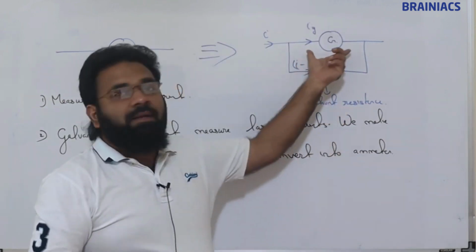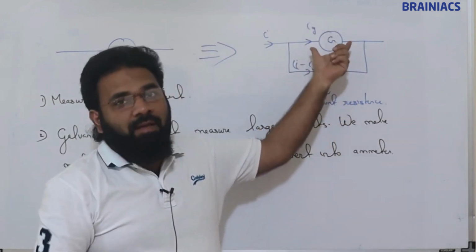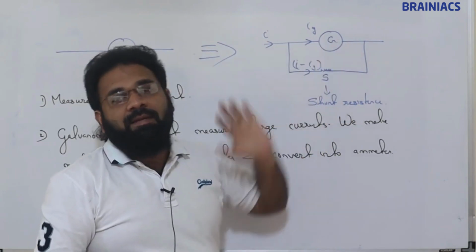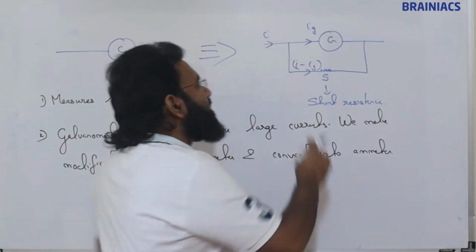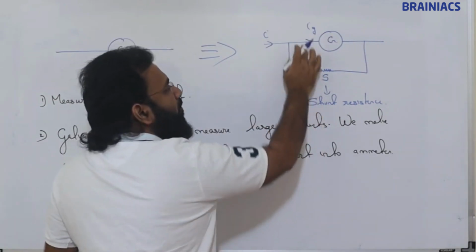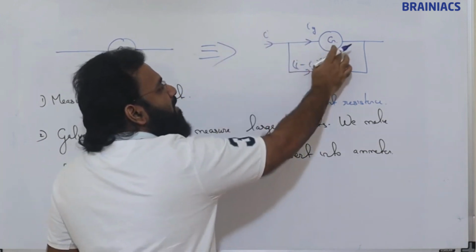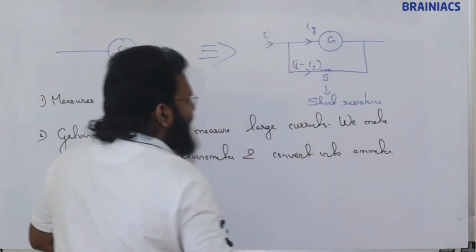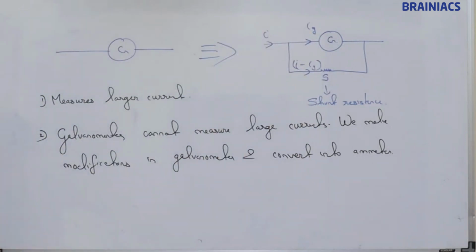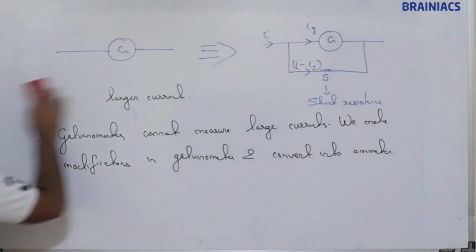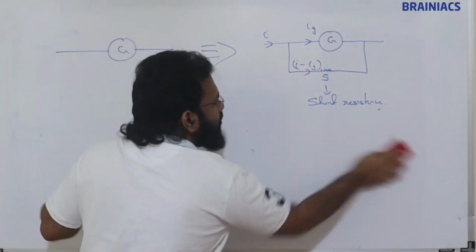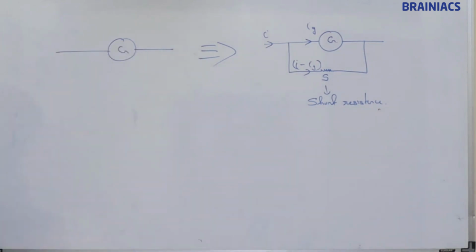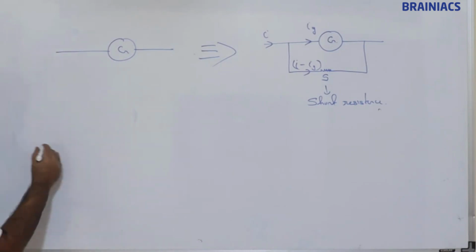So on one side it will be protecting the galvanometer from getting damaged. That is one advantage. Another thing is, just by taking the ratio of this, we can measure a large amount of current here also. I will show by giving you examples. So on one side we have our galvanometer.